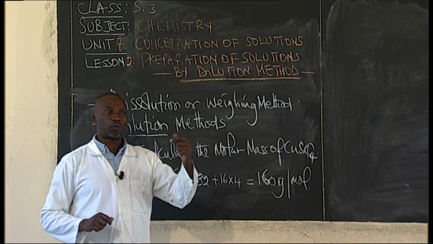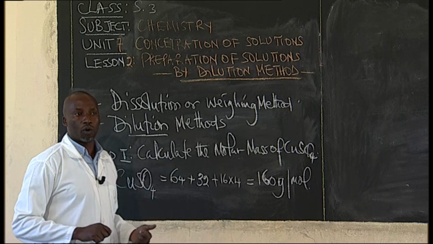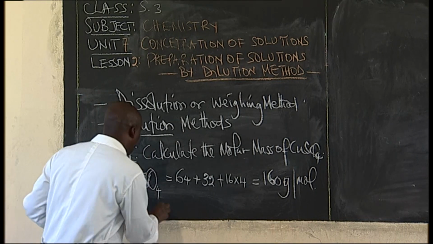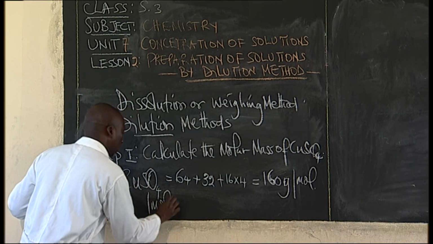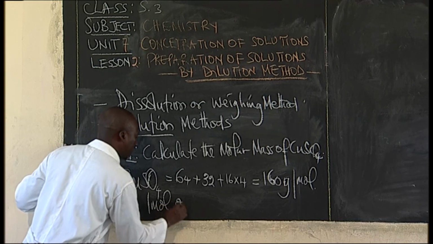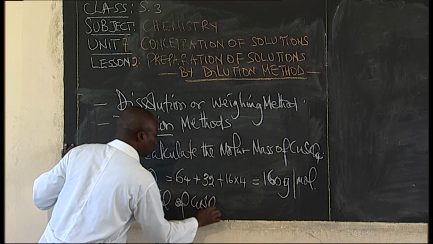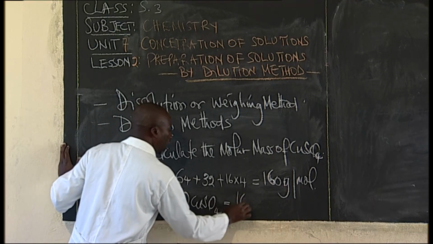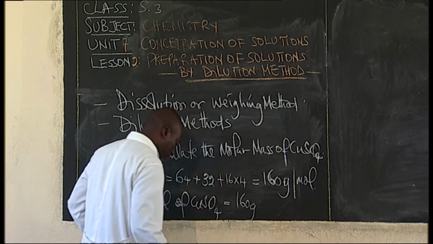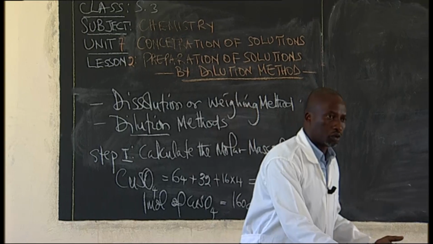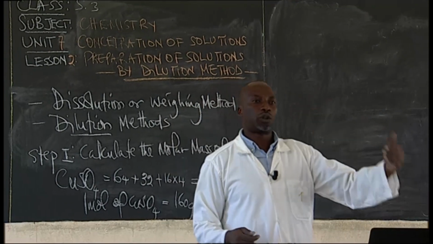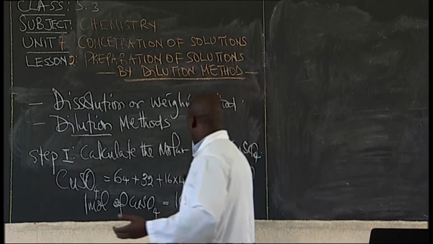Remember, we are supposed to prepare 0.1 mole. So if 1 mole of copper 2 sulfate is equal to 160 grams, you need to now know what will be 0.1 mole.